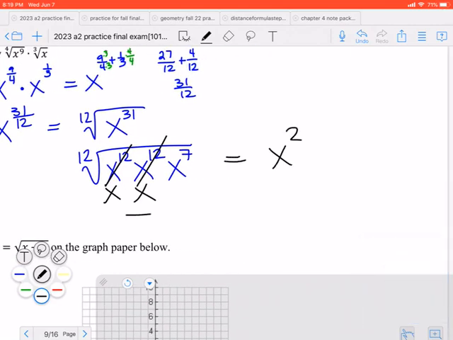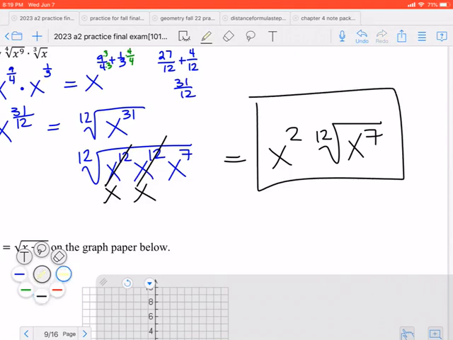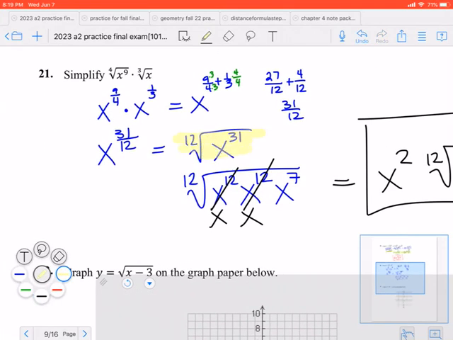So x squared, these guys are on the outside, times the 12th root of x to the 7th. So I was going to mention that how you know when you can simplify these is when your exponent on the inside is larger than the index. Then you know you can do this to simplify it.